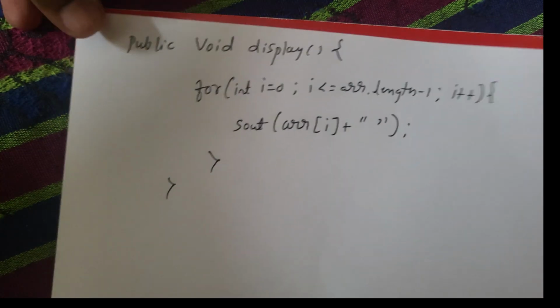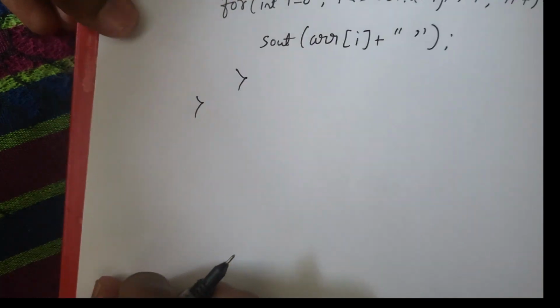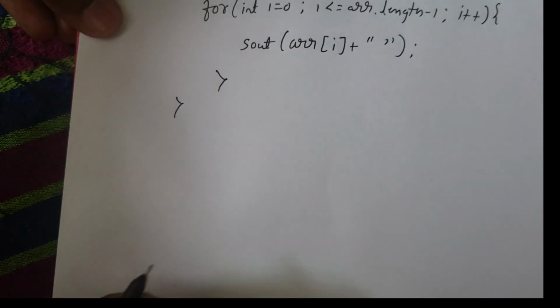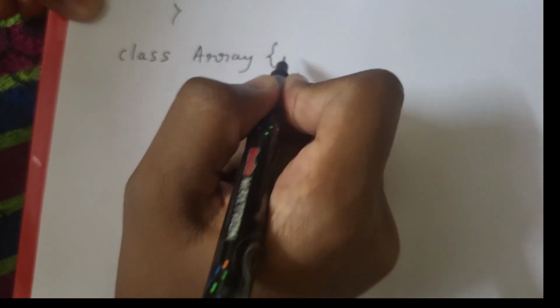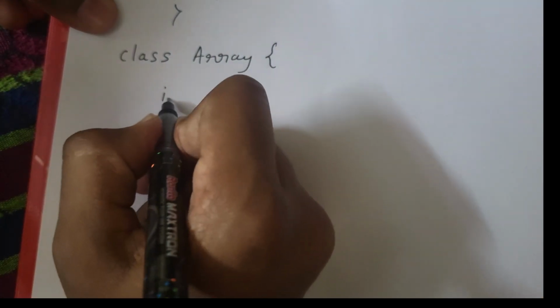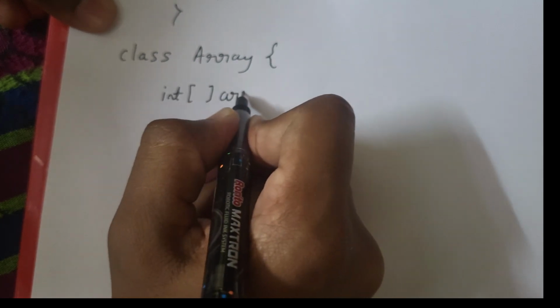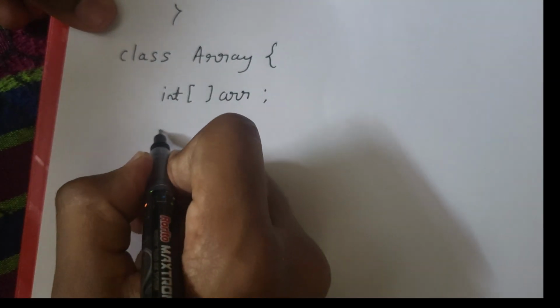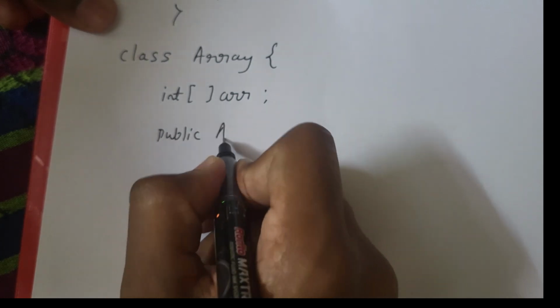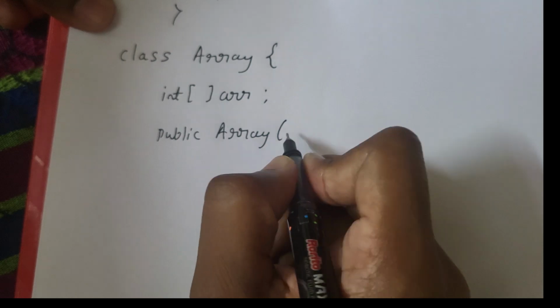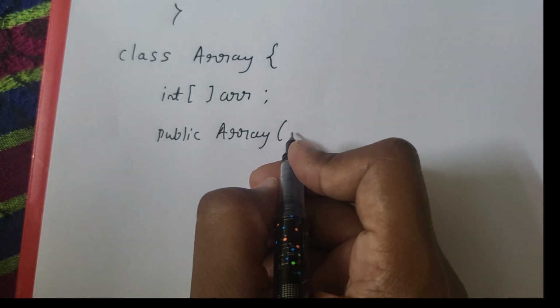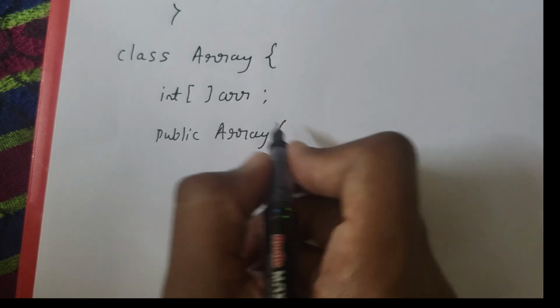Now we will create one class to implement this full code. I will write it here only. First I will write class, and give the name Array. In this I will declare one integer array. Now I will create one constructor, public Array, and pass one integer parameter to initialize this array.